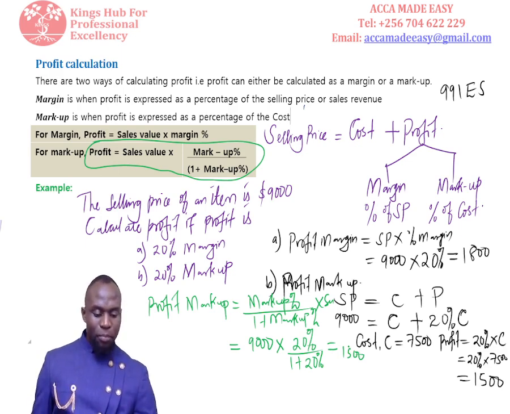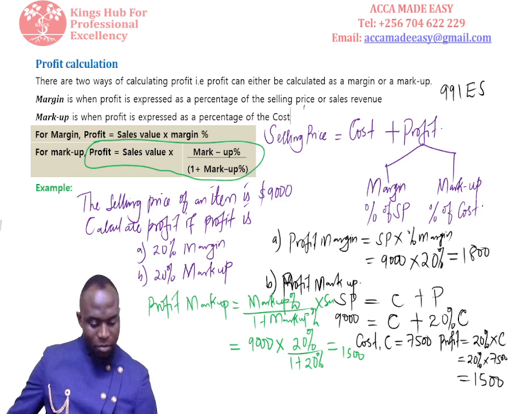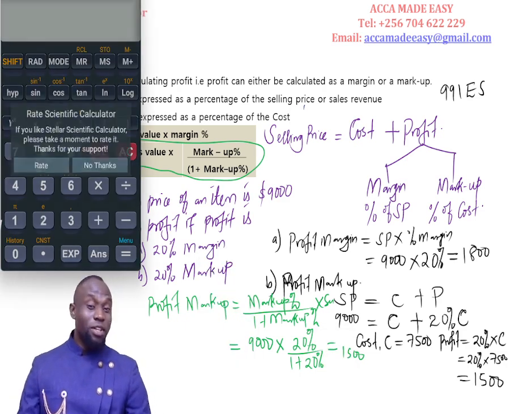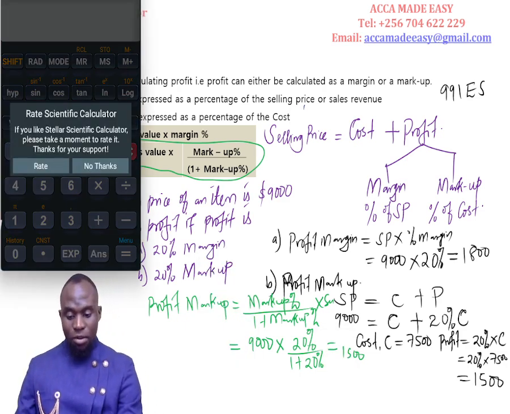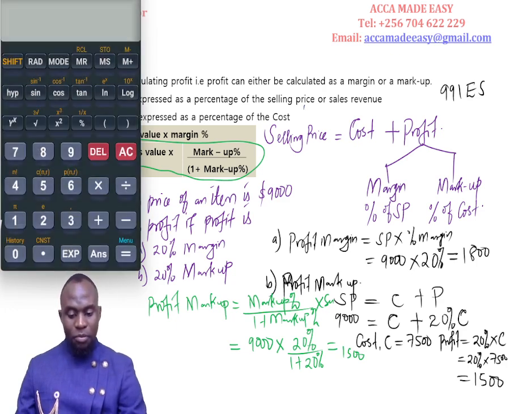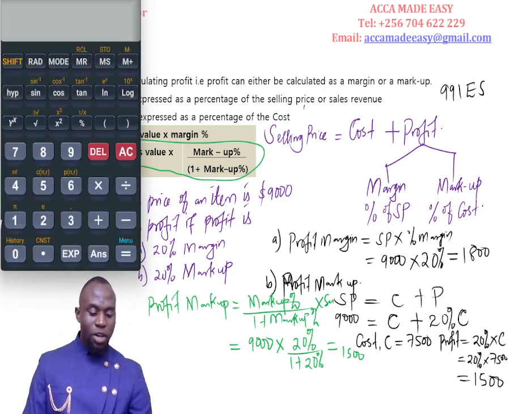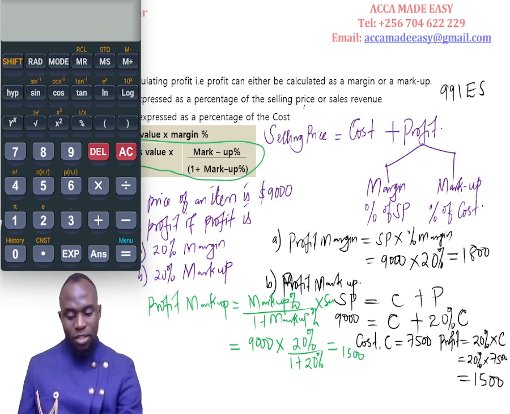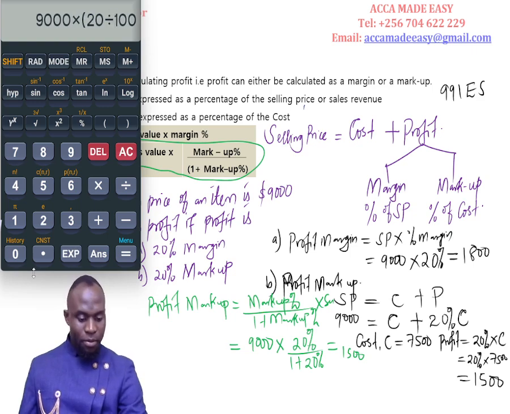However, some people have what I might call the digital calculators. Now for digital calculators, how do you calculate this? If you put it directly, it would be 9 times bracket 20% is 20 divided by 100.